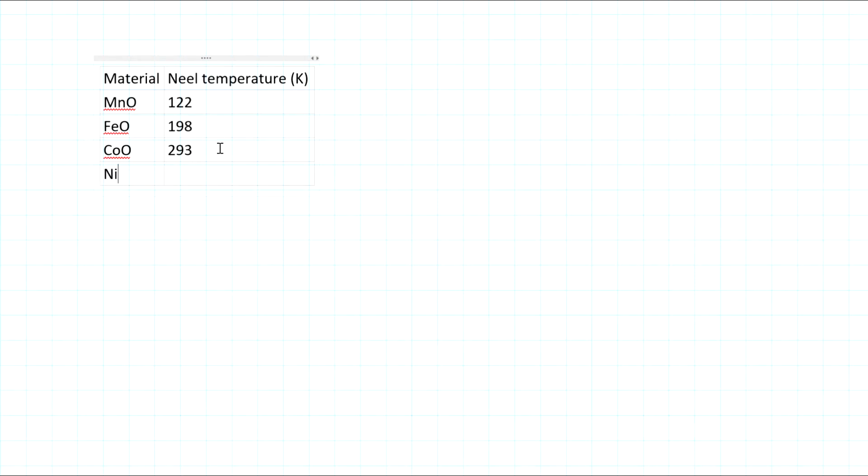Then nickel oxide, 523. Then chromium oxide, chromium 203. That is 307. Iron sulfide. So iron S is 613. Chromium 310. So you can see that there are many materials, and we already looked at chromium.